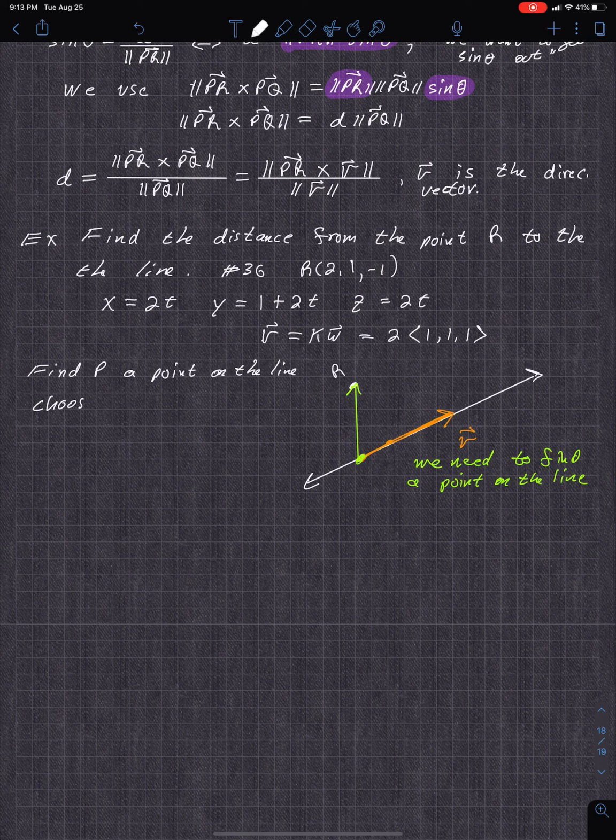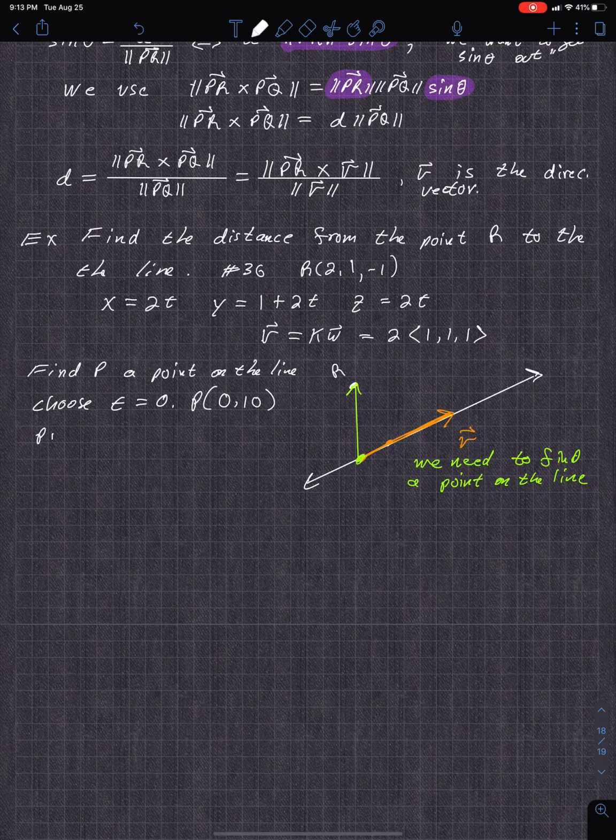The easiest way to do that is choose a value for t. If I choose t to be 0, you could choose it to be pi, 1/2, 2/3, it doesn't matter. Then you calculate a point. If I choose t to be 0, then I substitute back into my formula, I get 0, 1, 0. So my simple point P is then 0, 1, 0.